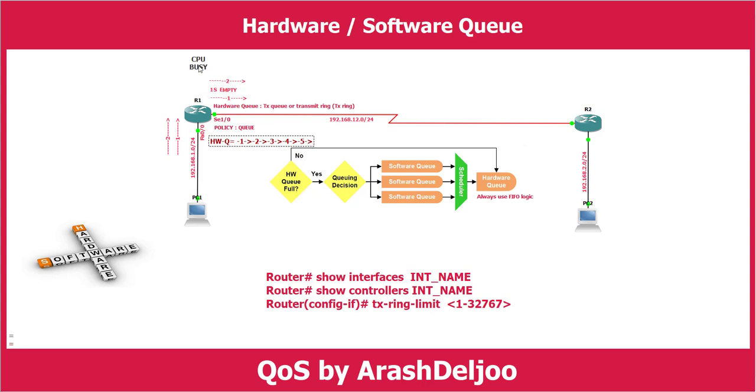If the CPU is busy and cannot immediately give us other traffic, we have traffic and we can send it. Maybe for some amount of time the CPU is busy, we have traffic, and after that when the CPU can give us new traffic, we can queue it again. Actually we can say the hardware queue's objective is to drive the link utilization to 100% when packets are waiting to exit an interface.